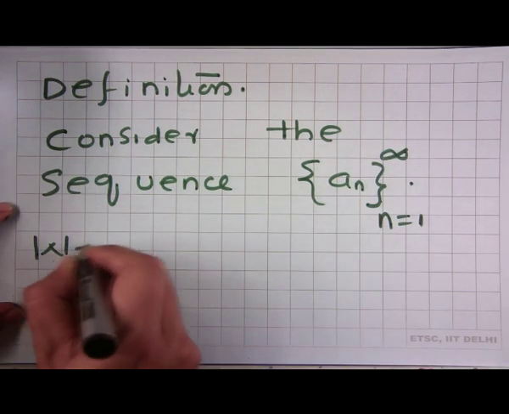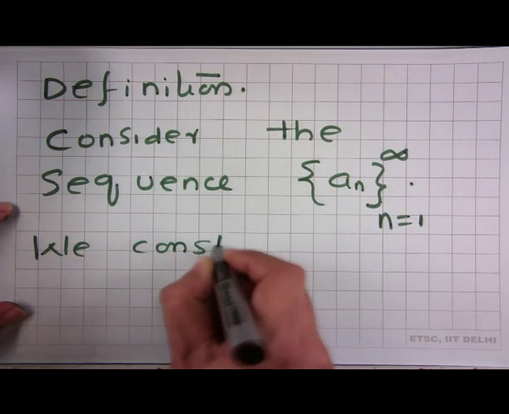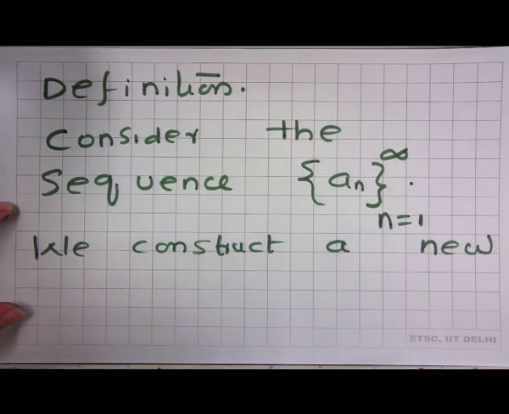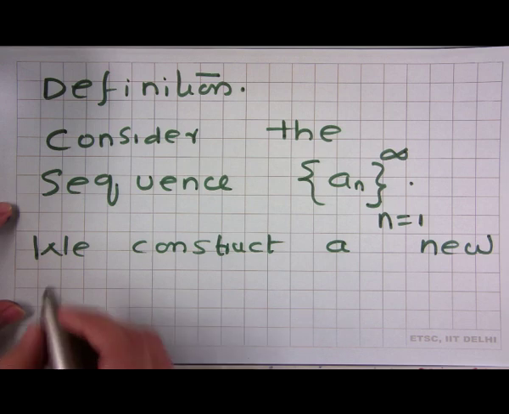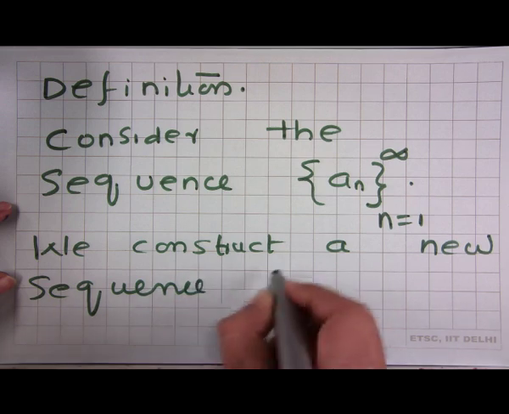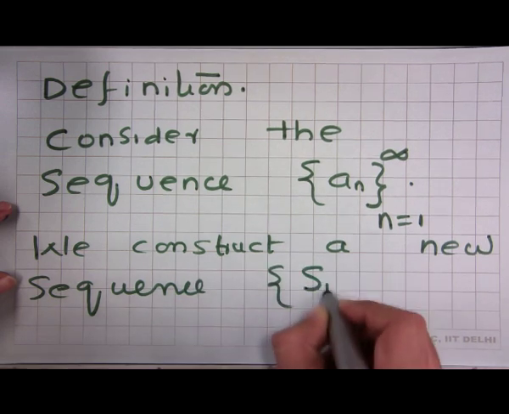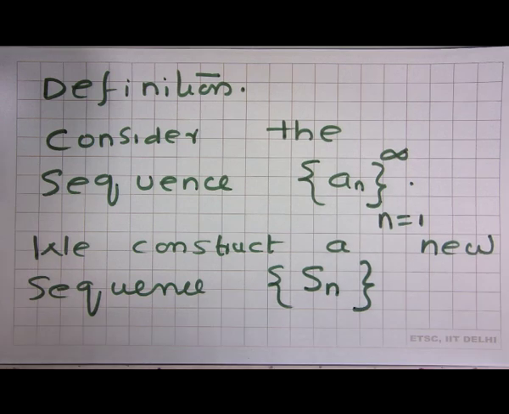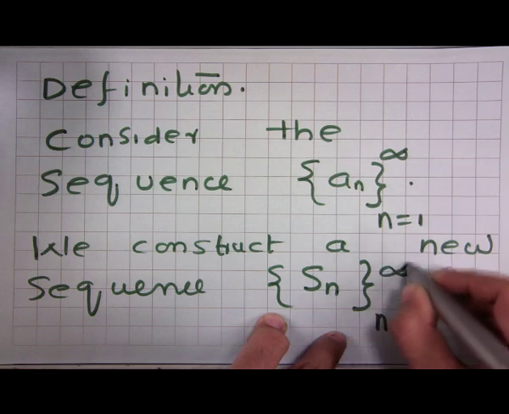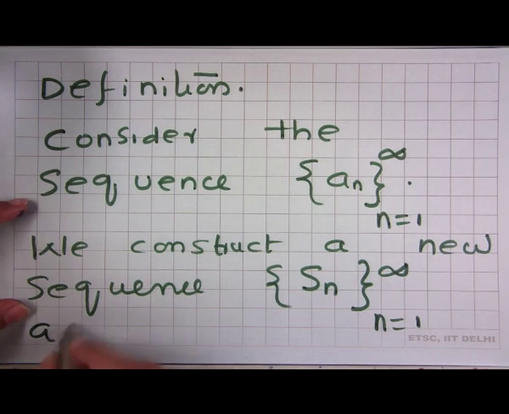We construct a new sequence out of the given sequence an, and that sequence I call Sn, as follows.